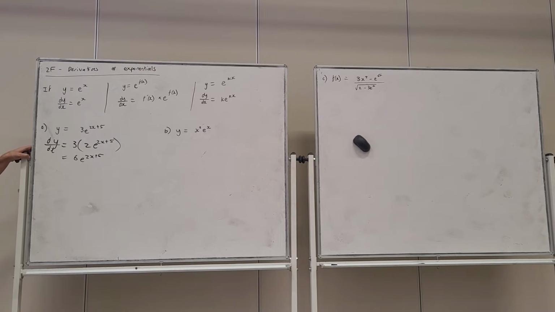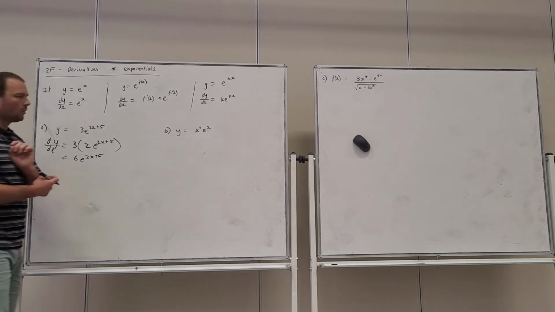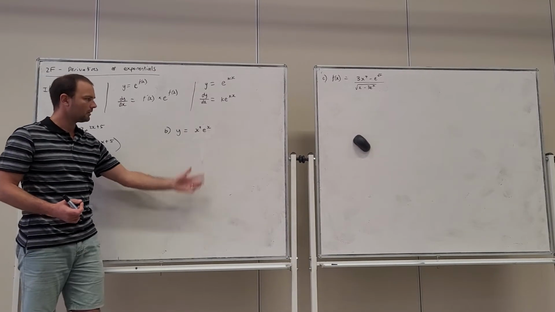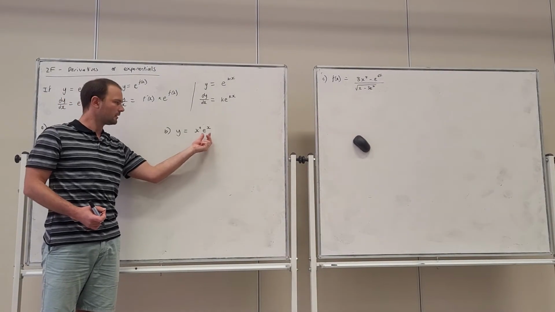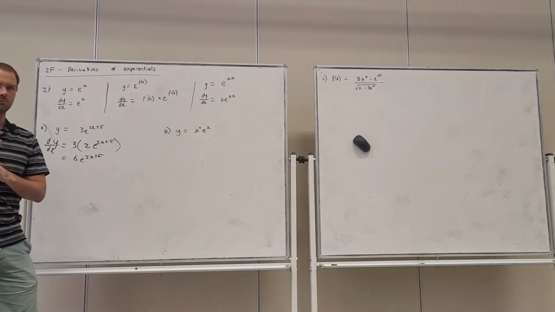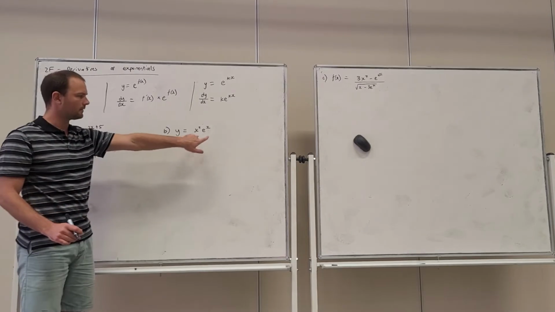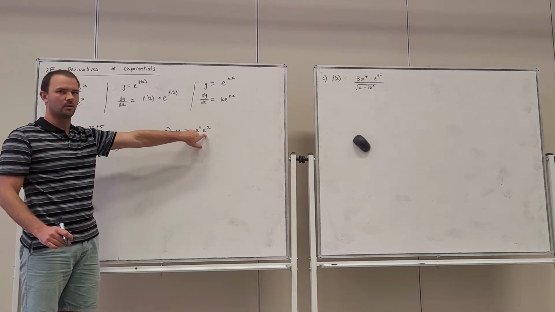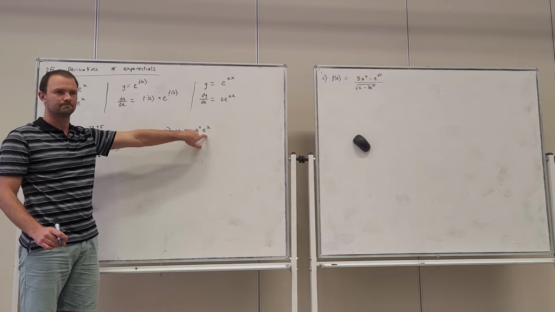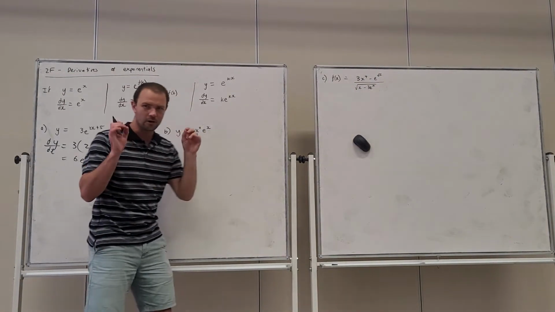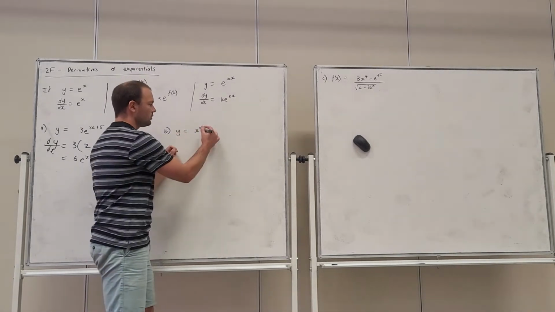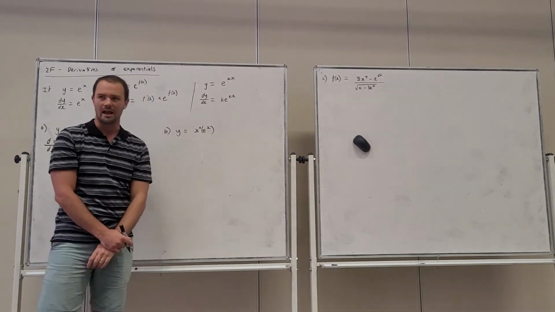Okay. On B, we have x squared times e to the x. What rule do we use when we want to find the derivative of two things that are multiplying? The product rule. Very, very good. Okay, so when we first looked at the product rule, you guys had brackets, all right, and it was very clear.